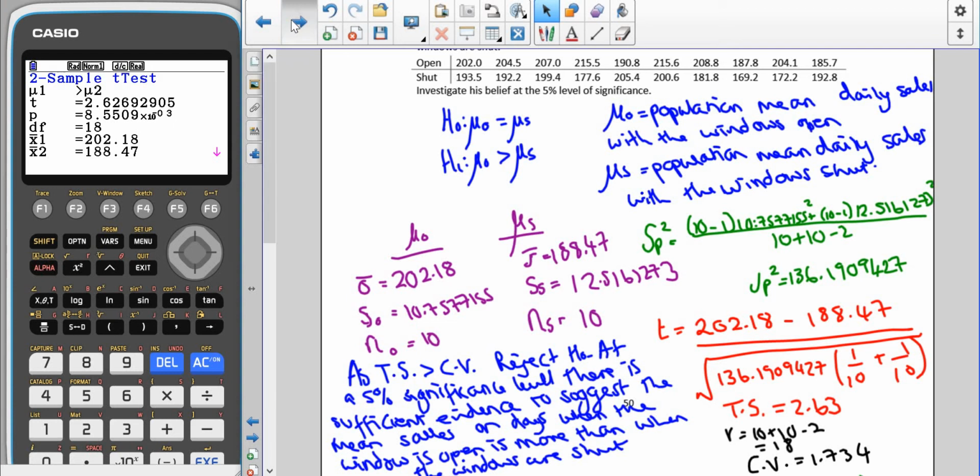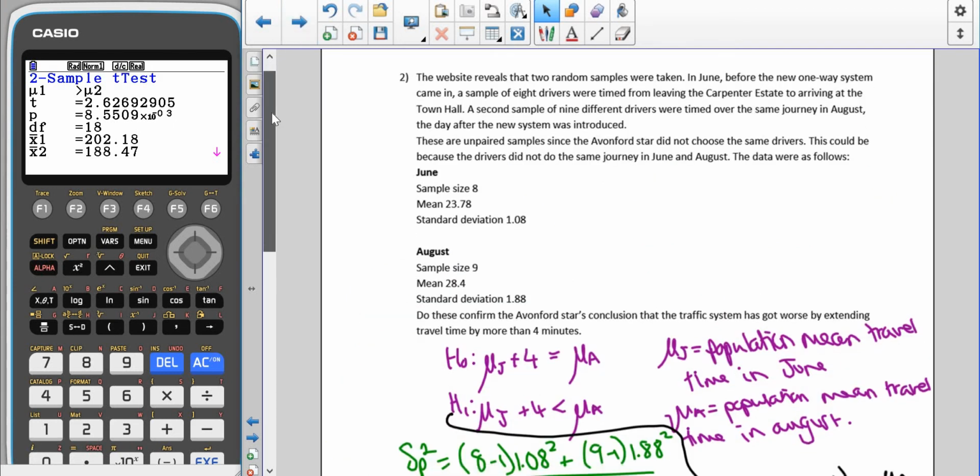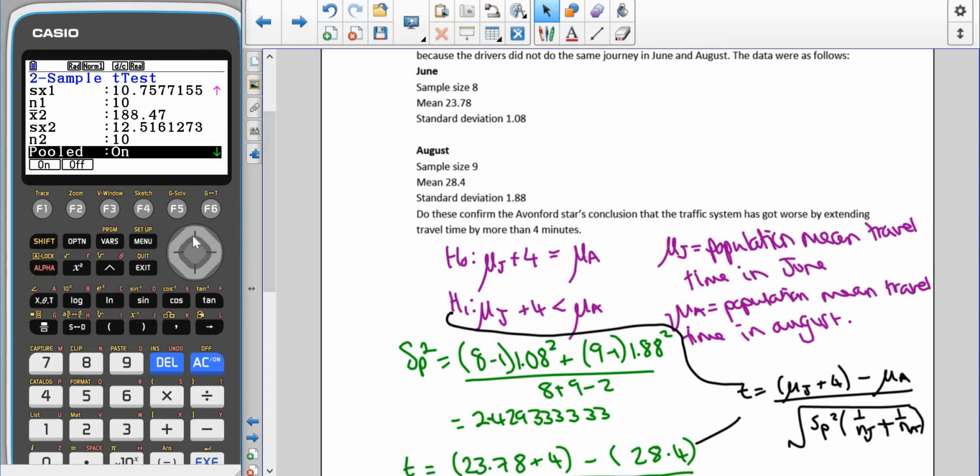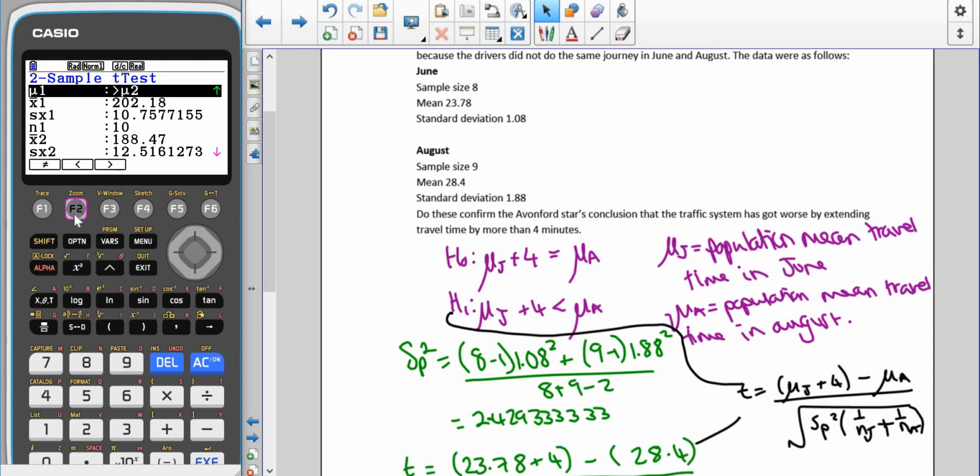In a similar way, if we're having to add on a value to any of the sides, so here it was mu j that we were adding 4 onto. So I'm just going to click exit. So this is still in test T 2 sample. This time we want the first mean to be smaller than the second mean.